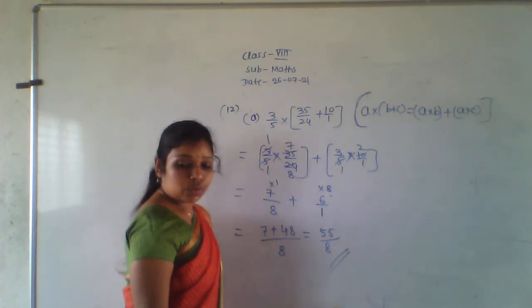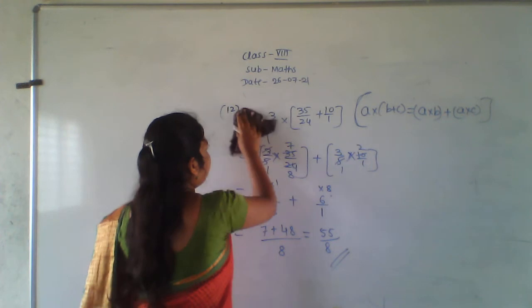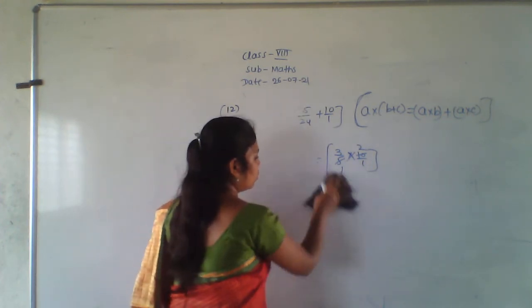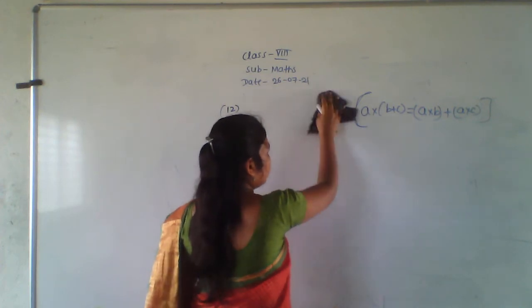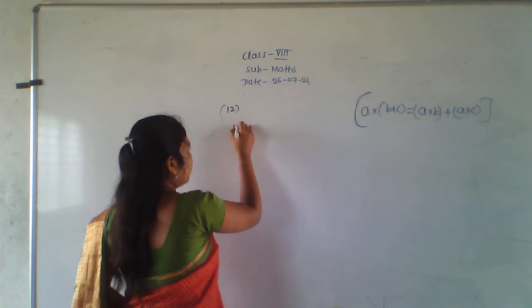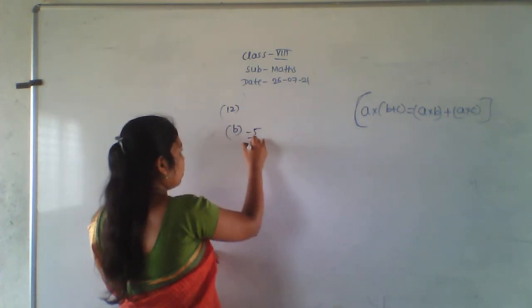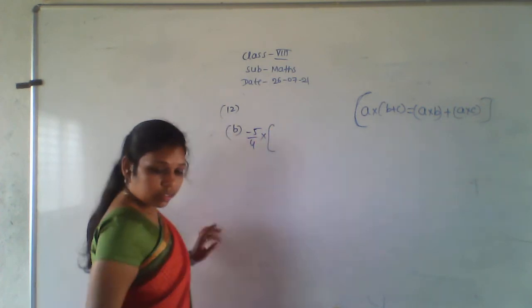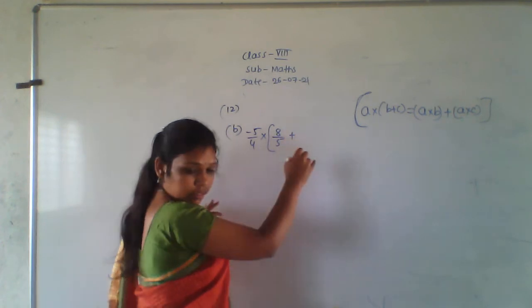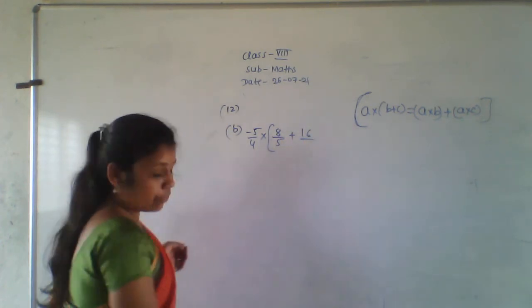Getting everyone? So now we will solve the second one. What is the second one here? Minus 5 by 4 into 8 by 5 plus 16 by 15.